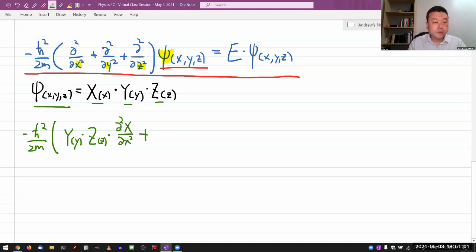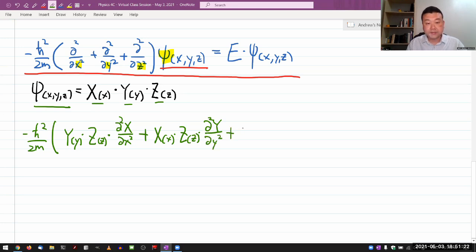Let me keep going. With the second term, it's the other two functions, the functions of x and z, that move through the derivative, and I can treat them as just multiplication by a scalar, and I have the double derivative with respect to lowercase y.